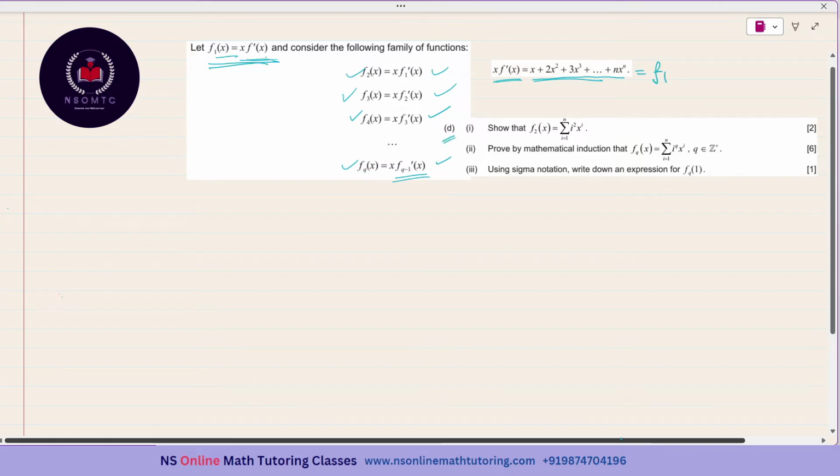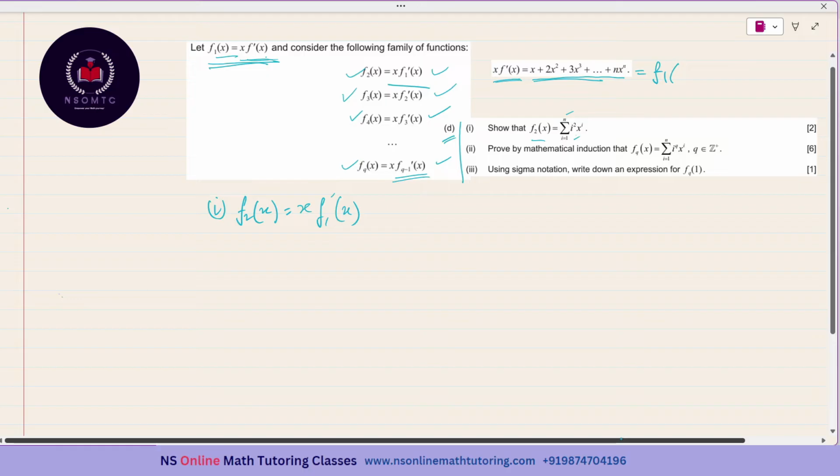Now coming to subpart D's question, it is having three further subparts. I, show that if f2 of x equal to sigma i equal to 1 to n of i squared x to the power of i. f2 of x should be equal to x times f1 dash of x.